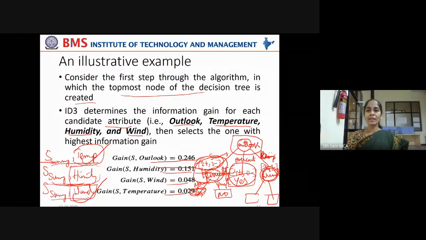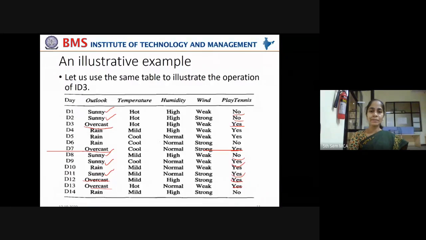Did you notice one thing? In the root node, outlook is used. In the subtree nodes, humidity and wind are used, but nowhere is temperature used, because the temperature attribute is not giving high information gain. Temperature has many values: hot, mild, cool, right? And it has a roughly equal number of training examples for each, meaning all of them are prevalent.